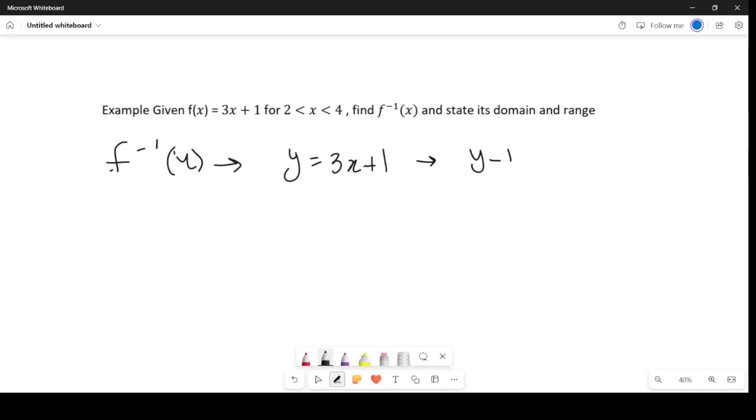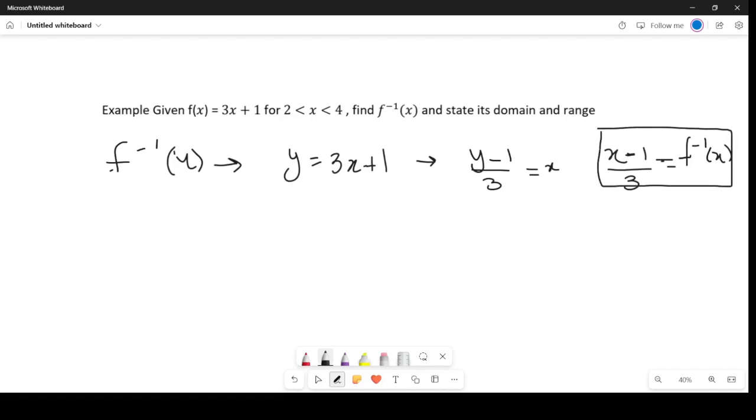Y minus 1 by 3 equals x, which is x minus 1 by 3 equals f inverse of x. So that's f inverse of x.